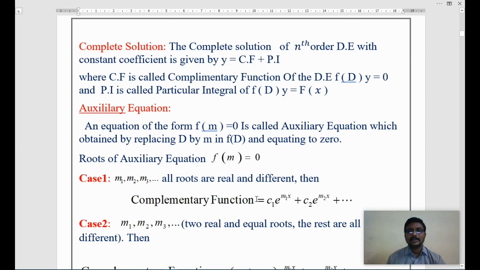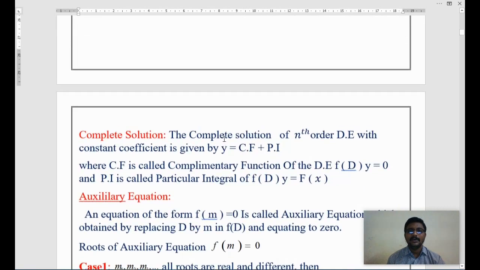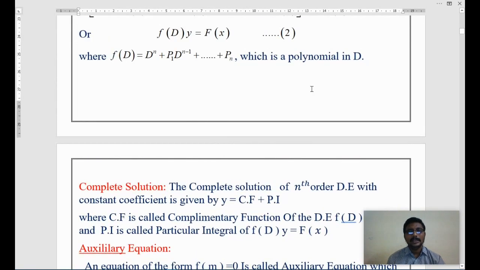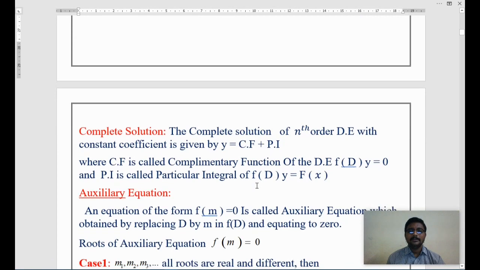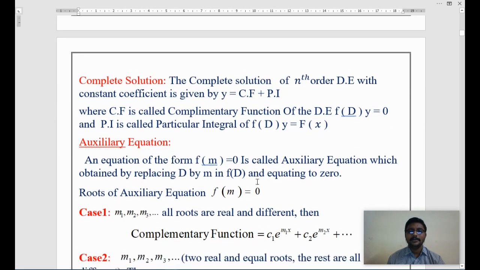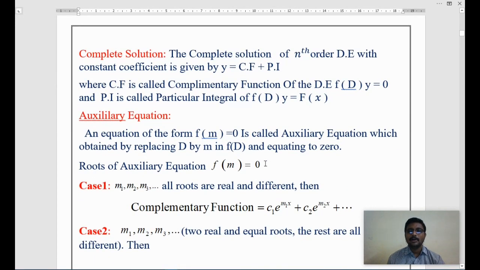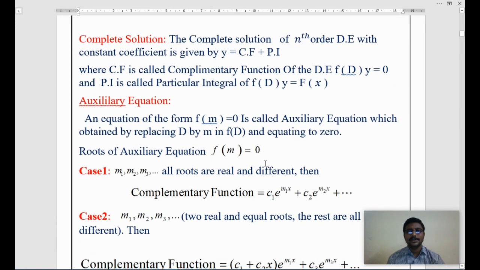Now what is the auxiliary equation? The auxiliary equation is obtained just by replacing D = m in f(D) and equating to 0. What is f(D) here? f(D) is nothing but a polynomial in D. We just replace D = m and equate to 0. Thus we get the auxiliary equation. So the auxiliary equation is f(m) = 0.